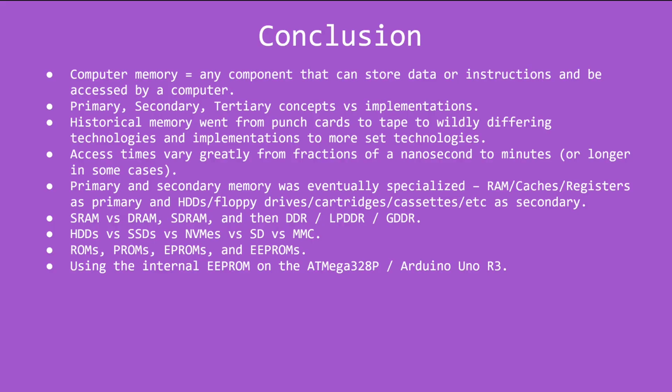They use NVMe, which gives you about twice the speed. We also talked about SD cards and how those are technically used as a hard drive, and also the competing MMC technology. Talked about ROMs, PROMs, EPROMs, and EEPROMs. We also talked about the internal EEPROM on the ATmega328P. You can check it out if you have an Uno R3.